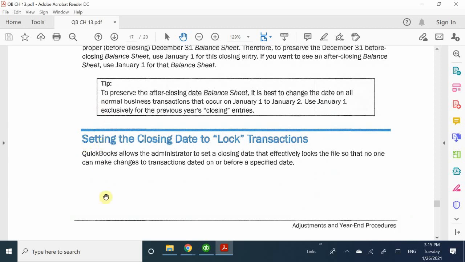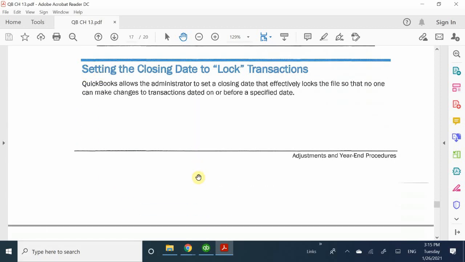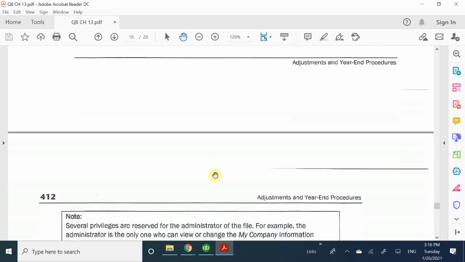So here, if there are no questions again, then we're going to go ahead and look at setting the closing date. The closing date is, in other words, to lock up the data file.